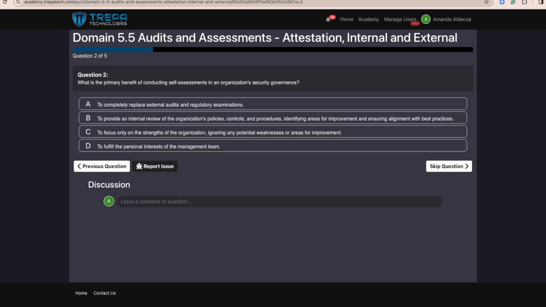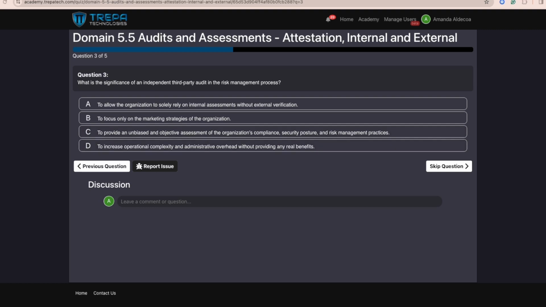Question 2. What is the primary benefit of conducting self-assessments in an organization's security governance? Self-assessments, internal. So we're going to go with B. That is to provide an internal review of the organization's policies, controls, and procedures, identifying areas for improvement and ensuring alignment with best practices.